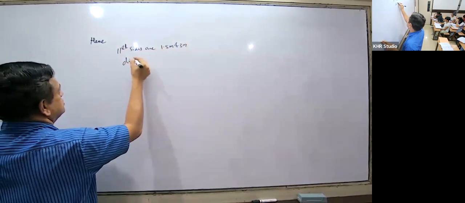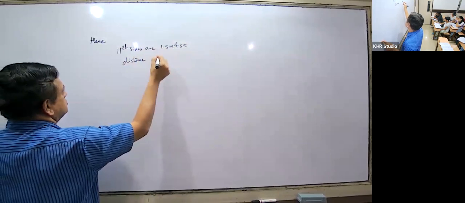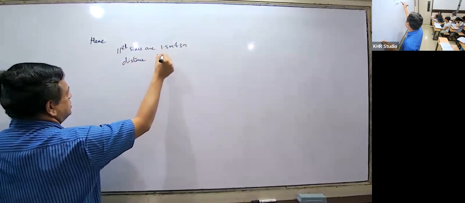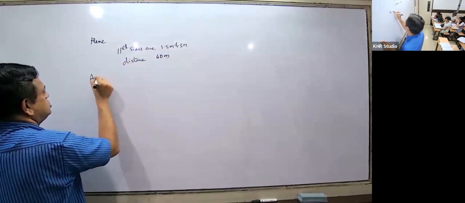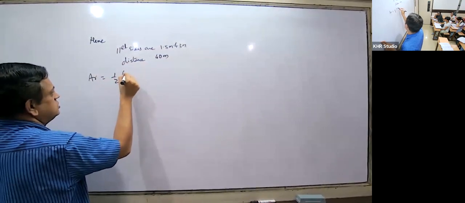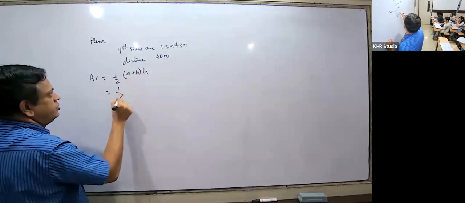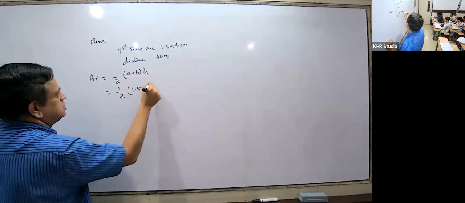The distance between the parallel sides is 40 meter, that's the length. Therefore, area is equal to the area of a trapezium, you know: half times (a plus b) times the distance between them. Half into (1.5 plus 3) times 40.